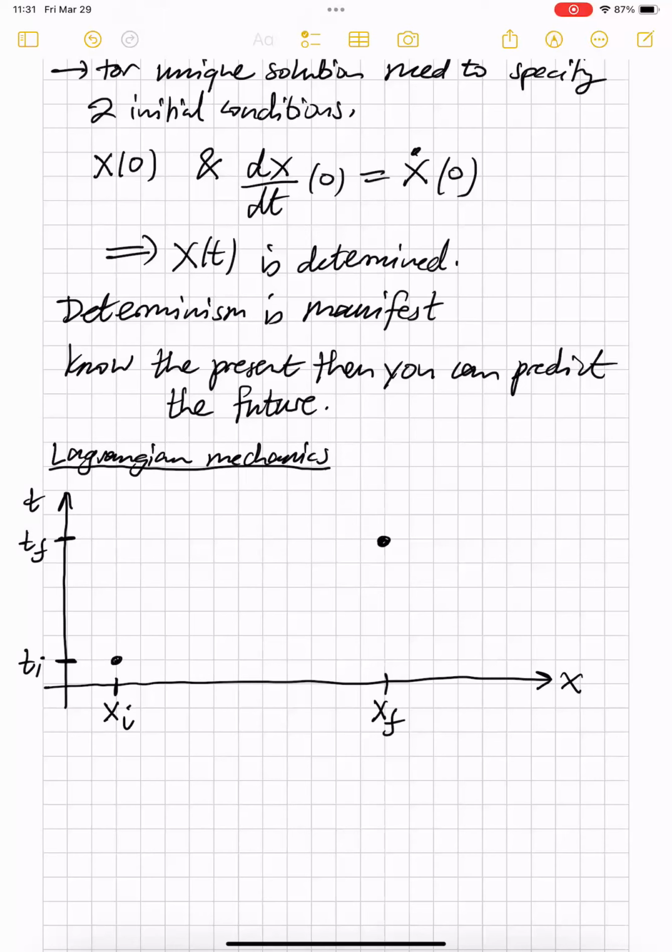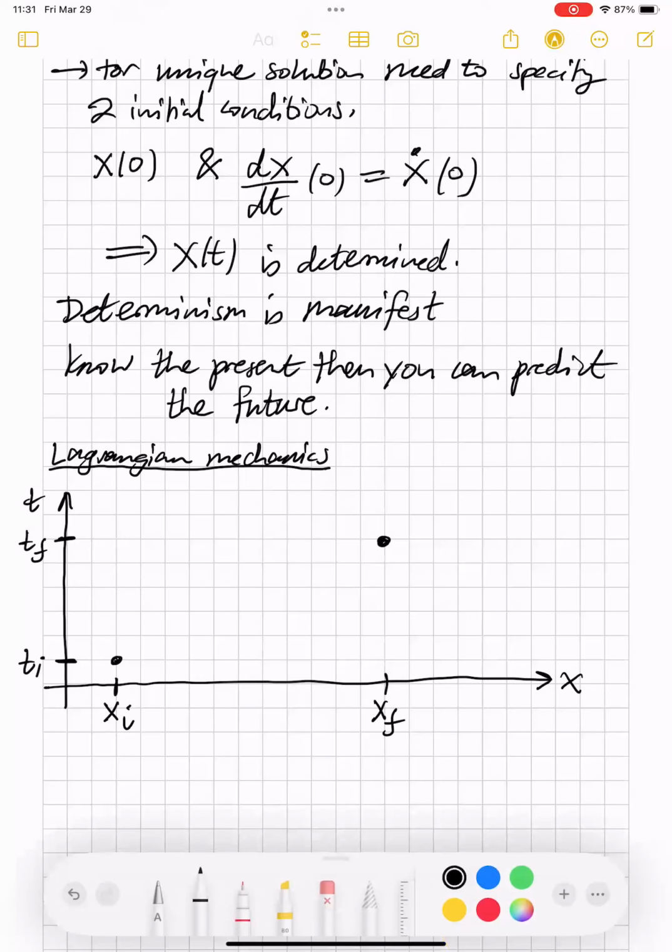We're specifying one piece of data now and one piece of data in the future. And then the particle will take some path between these two points. So let's call this blue path the path taken by the particle. So that's the path that it moves along.